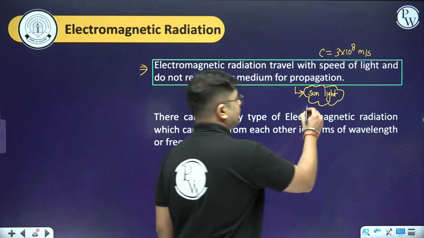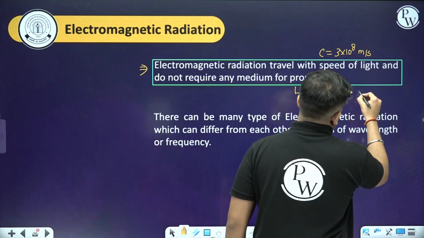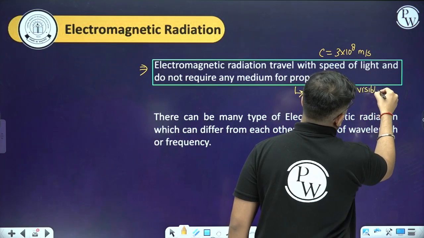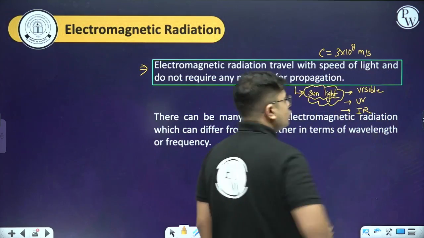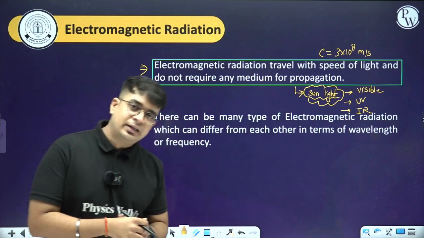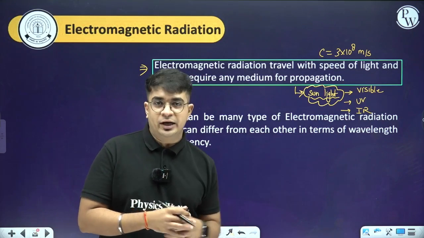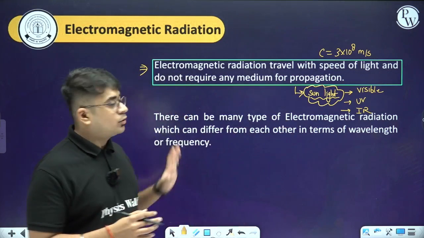So basically in sunlight you can see we have a visible region, a UV region, an IR region. You can see it consists of different types of components. So this is the basic idea about the entire portion.